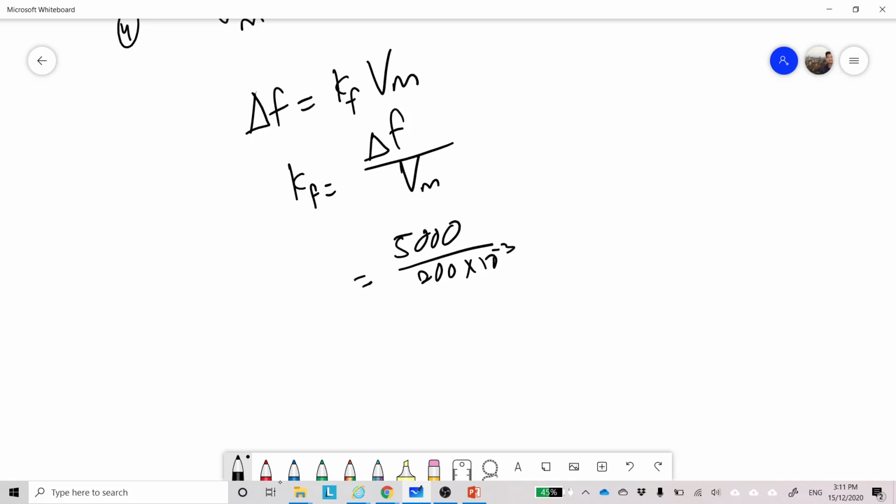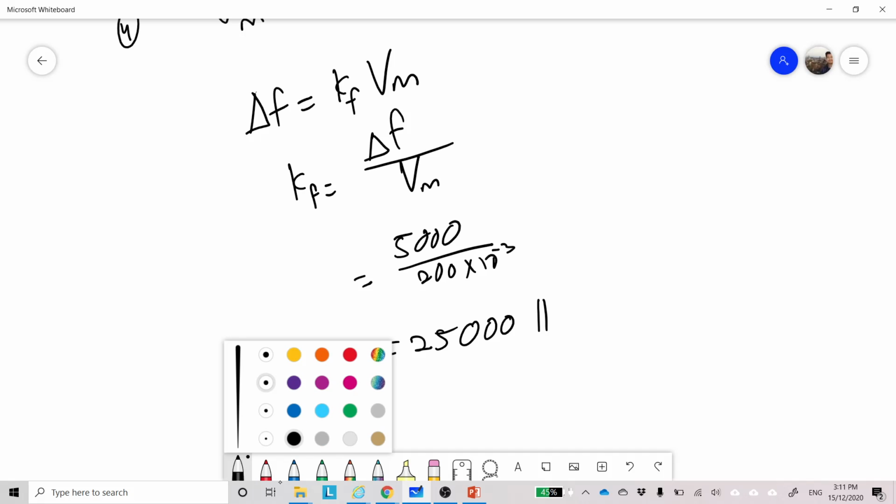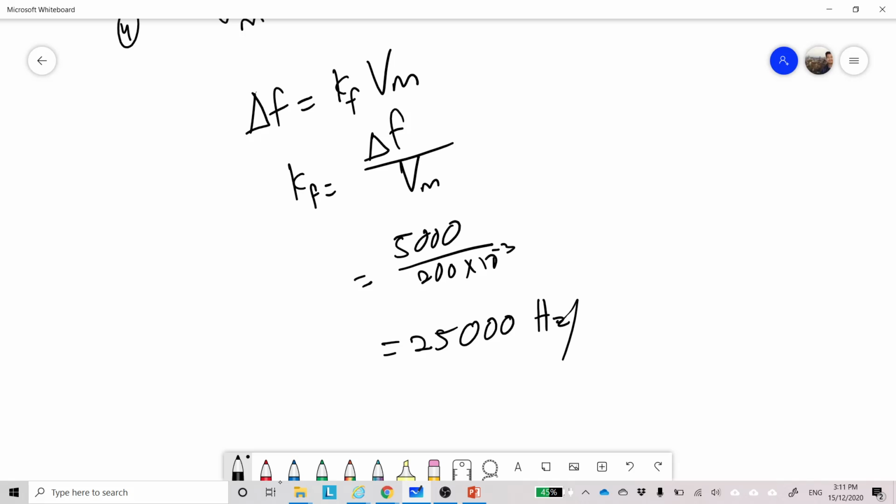So you will get 25,000. Okay, you akan dapat 25,000 dalam sebutan Hertz per volt. Okay, so saya padam ni.